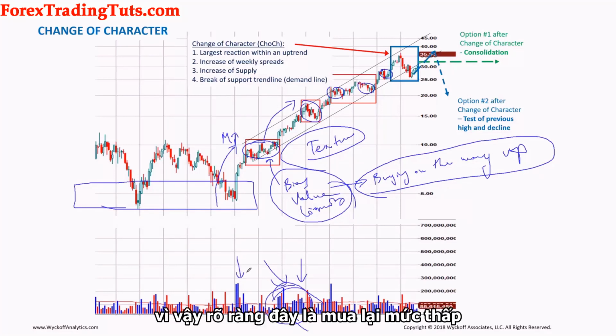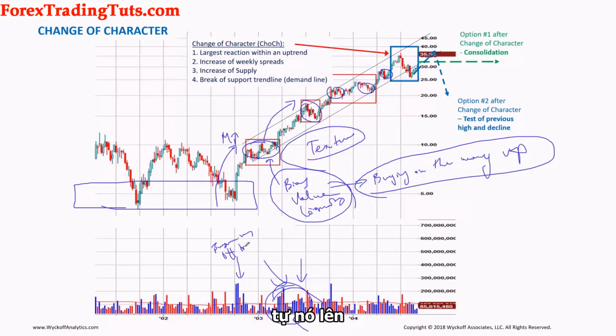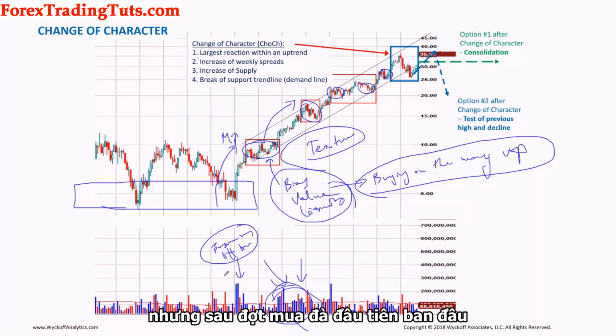So obviously this is buying off the low, and also we could say buying on the way up by itself. But after the first initial momentum buy by institutions, this is what we're going to see. So there's going to be fewer institutions, that's number one. Secondly, this buying is going to be on the way up, so it's going to push the price up.